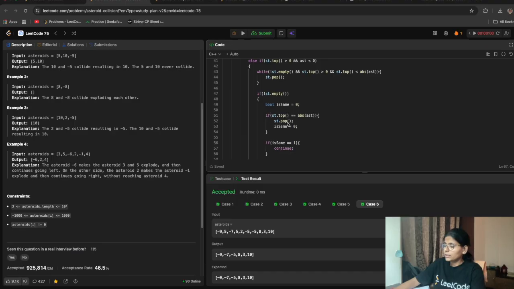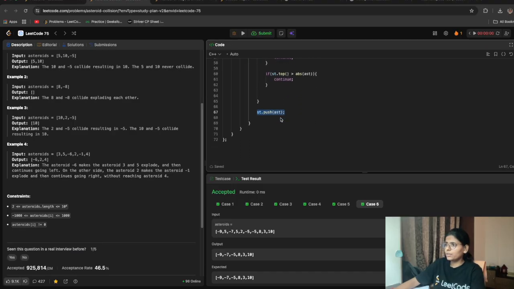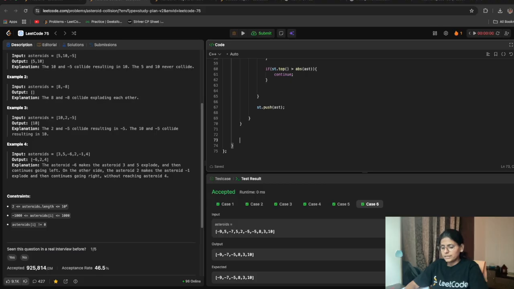After that, what we want is our answer as a vector. We take a vector of int, our answer vector, and while my st isn't empty, we push answer.push_back(st.top()) and st.pop().